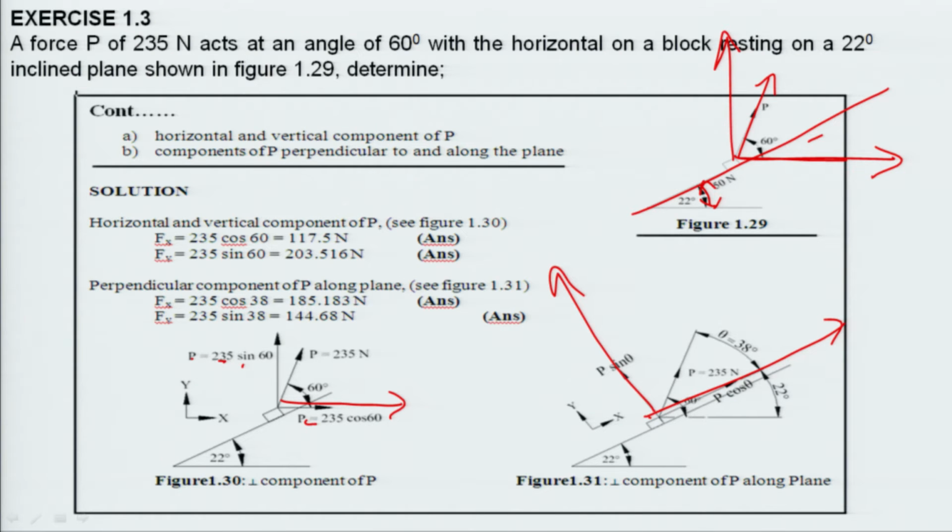We need to find this angle. What will be its value? It will be 60 minus 22, which means 38. So, the value of this component will be 235 cos 38, and the other component is this one.